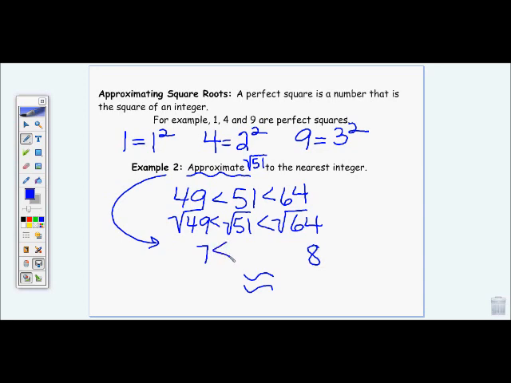So my answer for the square root of 51 is somewhere in between 7 and 8. Now we're looking to see which one 51 is closer to. 51 is closer to the 49 than it is the 64. So I'm going to say that 7 is about the approximate square root of 51. And if you look at your textbook, you will see that it's 7 point something. I didn't make the whole chart on our mini lesson.